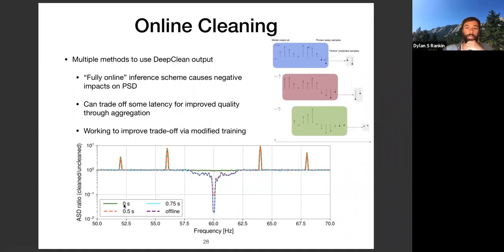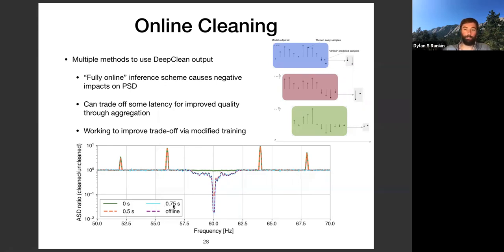In this case, 0 seconds is basically what we call the fully online case, where you take no overlap and no amount of aggregation. The dashed orange and the cyan are cases where you take half a second of aggregation, and in this case 0.75 seconds, to get the estimate for a particular time.